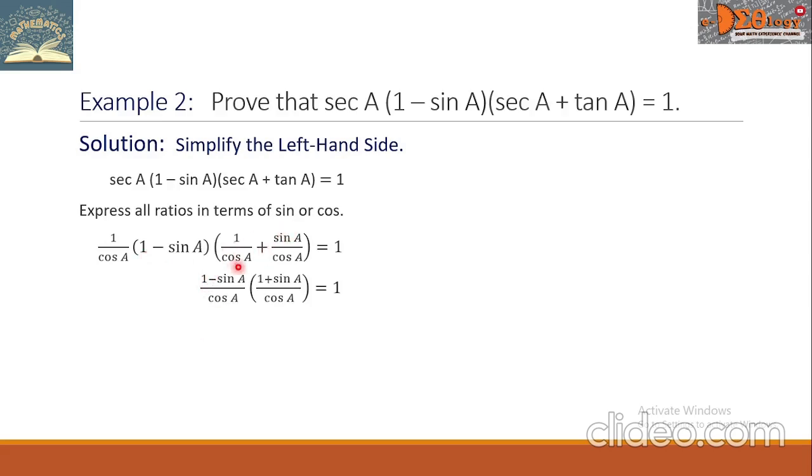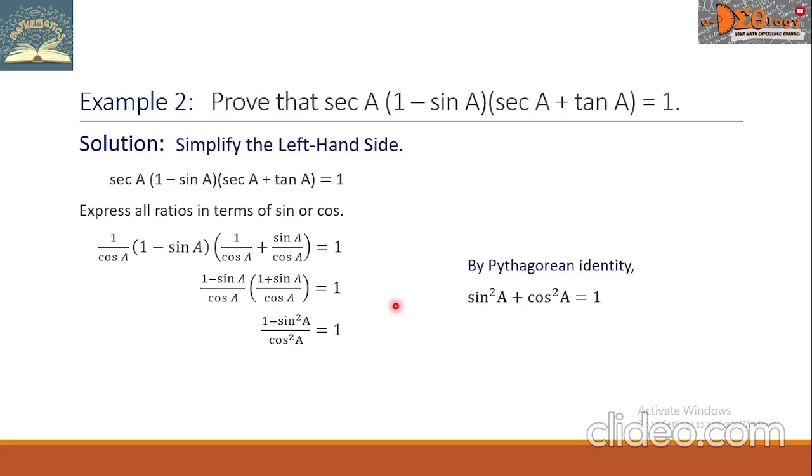And inside, we combine the like fractions. Cosine A is common, so we have 1 plus sine A over cosine A. Let us now multiply the two fractions. So we have 1 minus sine square A all over cosine square A.